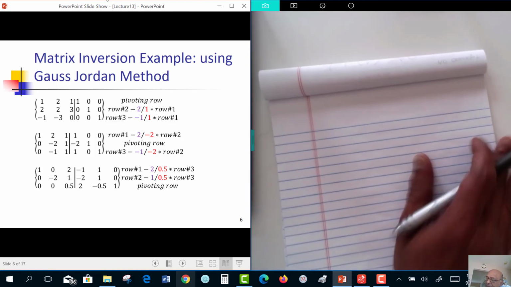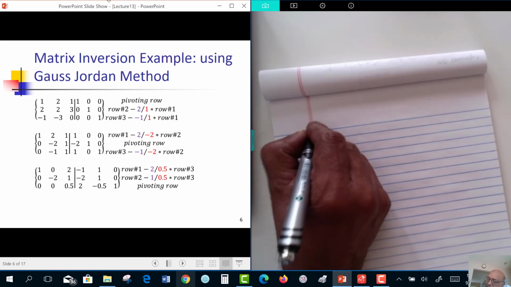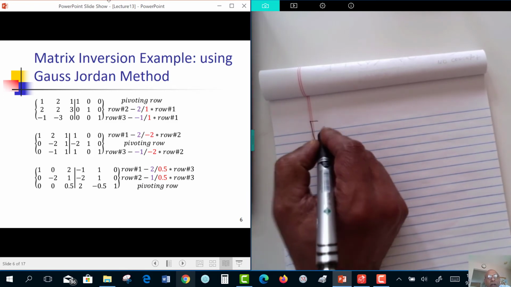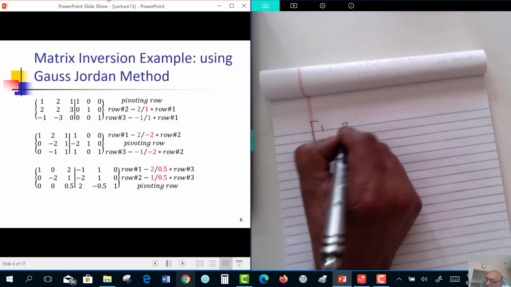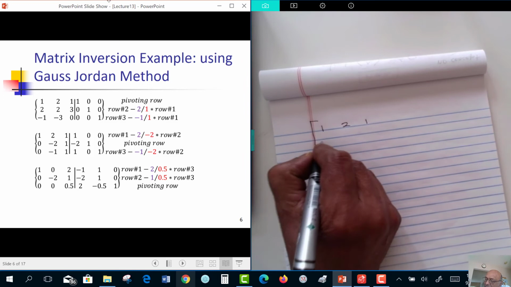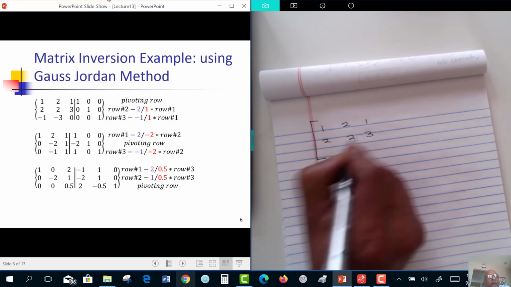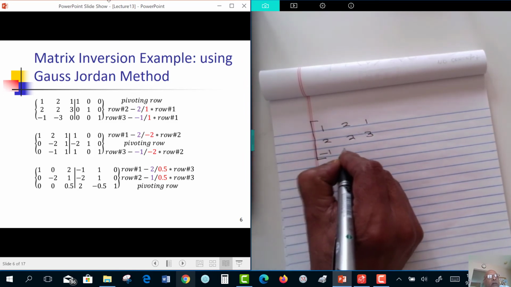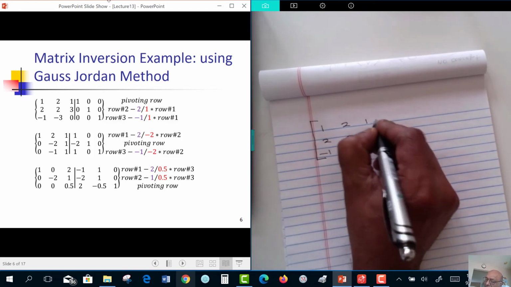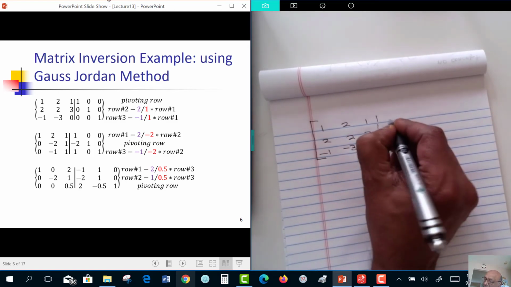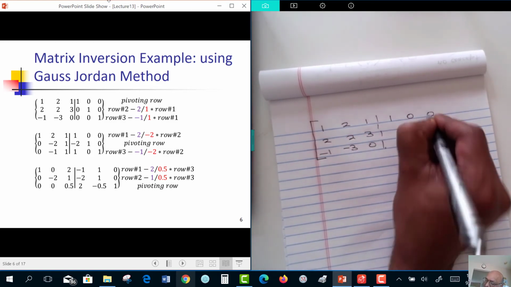So here we go. Our A matrix was 1, 2, 1, 2, 2, 3, -1, -3, 0. We augmented with I matrix.